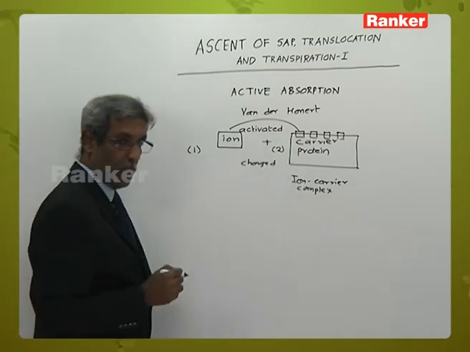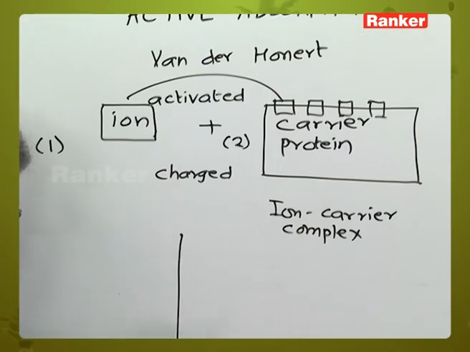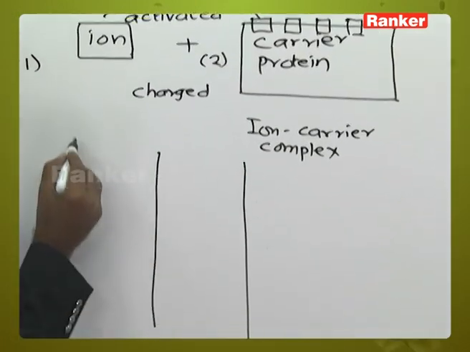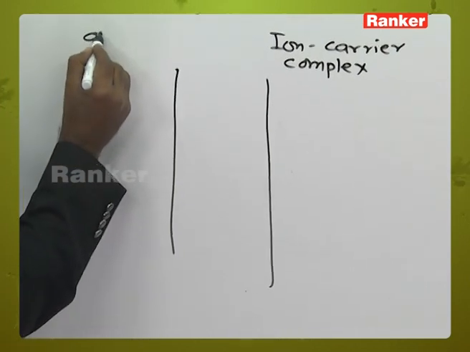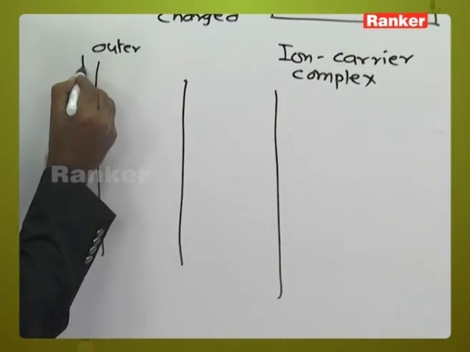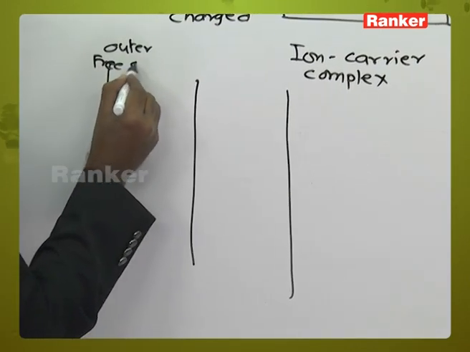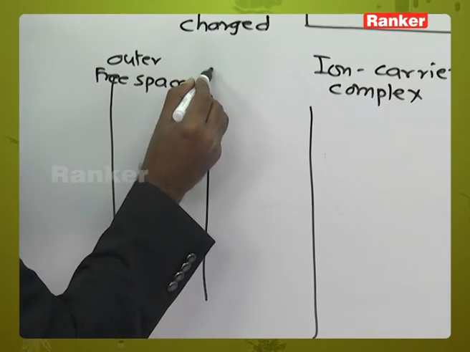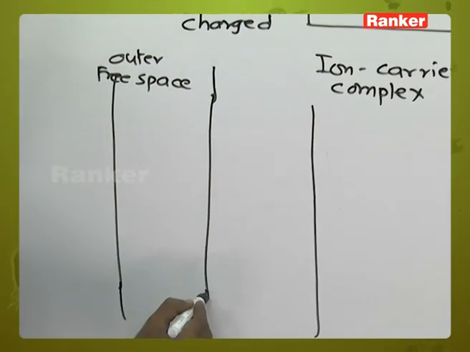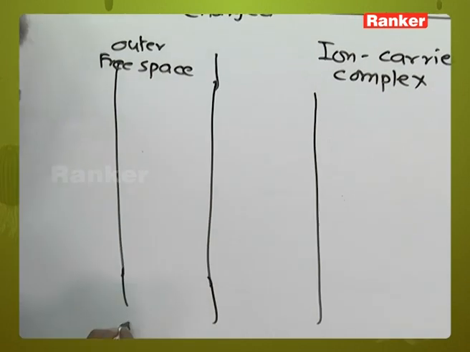This ion carrier complex shuttles between the outer free space. This is called the outer free space. The outer free space is also called the apoplast.